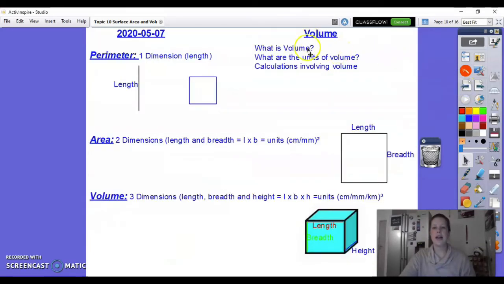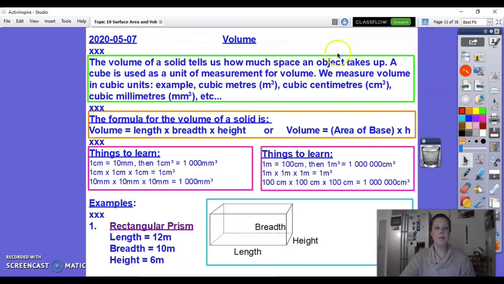So I have identified and defined what volume is. I'm going to look at the units of volume. A cube is used as a unit of measurement for volume. We measure volume in cubic units. For example, cubic meters, which is m for meters to the power of 3, cubic centimeters, which is centimeters to the power of 3, or cubic millimeters, which is mm to the power of 3 as well.